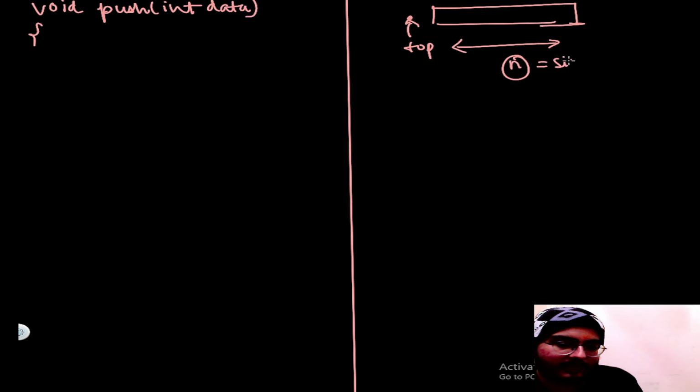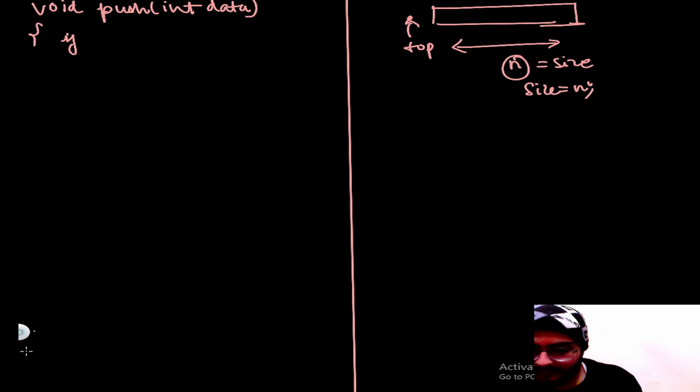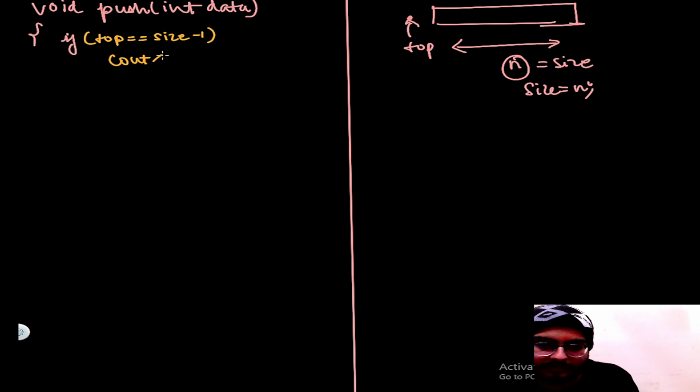First condition to check: if top is equal to size minus 1, then cout overflow and return.